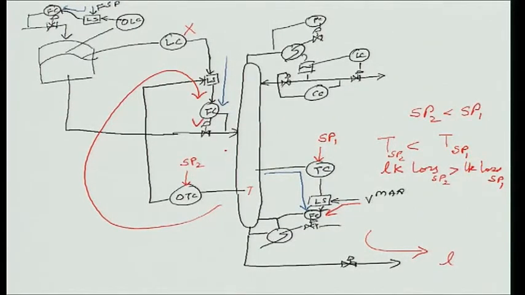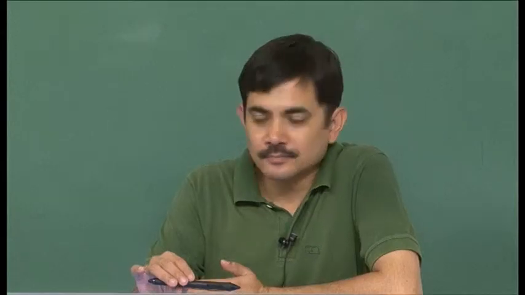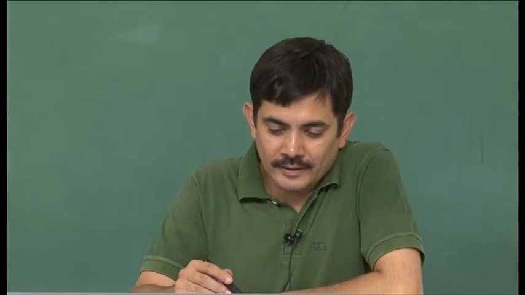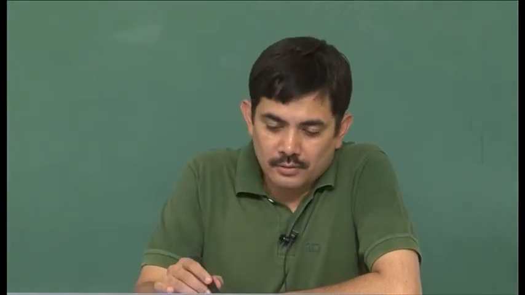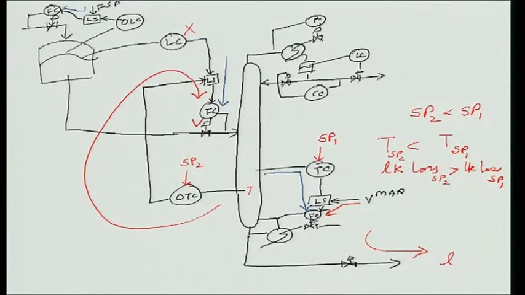Since level control is lost, the level of the tank will keep rising, and as the level of the tank is rising, the override level controller will basically say decrease the feed, and ultimately this signal will go below the set point being set by the operator, and therefore you will have this one going through. So, do you see how it works?